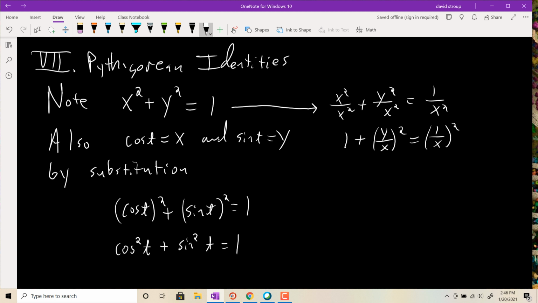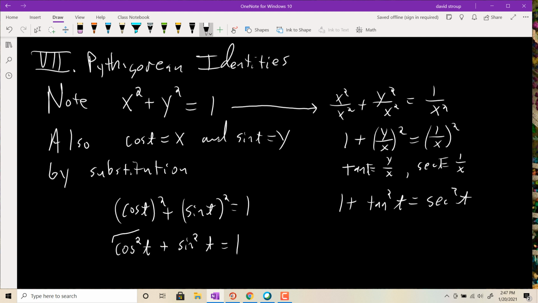And then we defined those above, right? We defined tangent to be y over x, and we defined secant to be 1 over x. So tangent of t, secant of t. Again, we could do a substitution and get another formula: 1 plus tan squared of t equals secant squared of t.